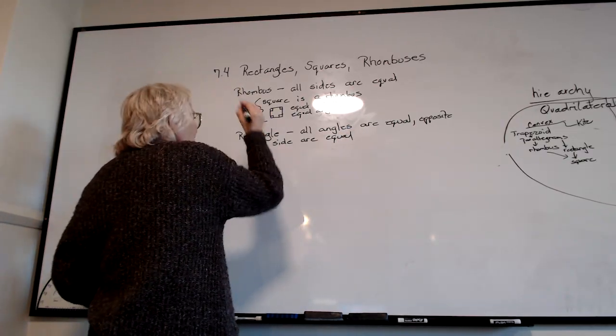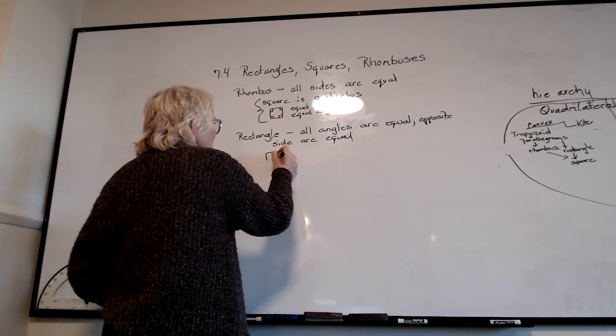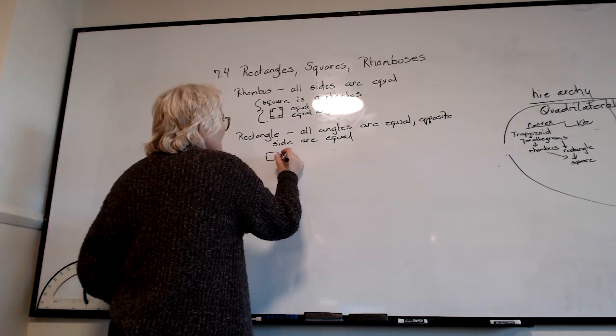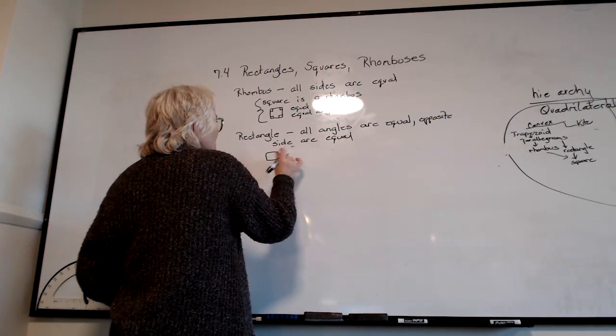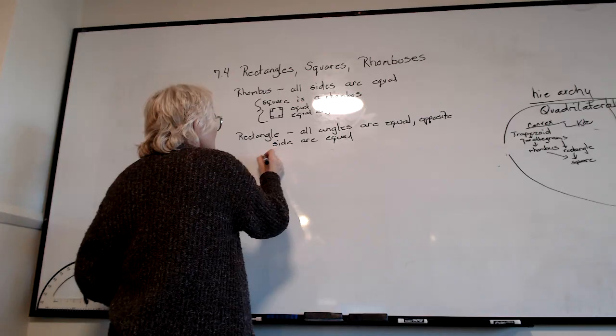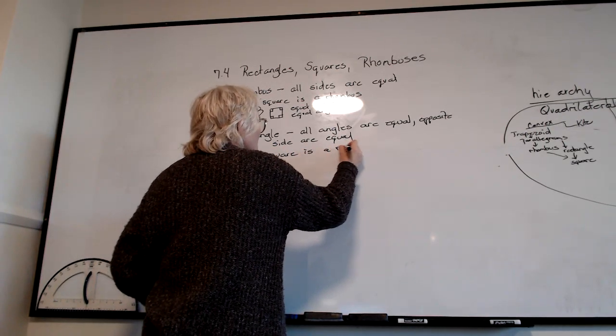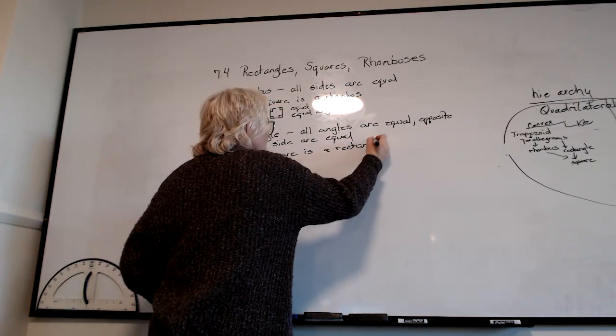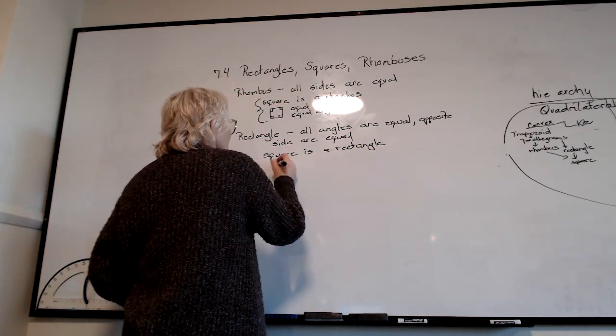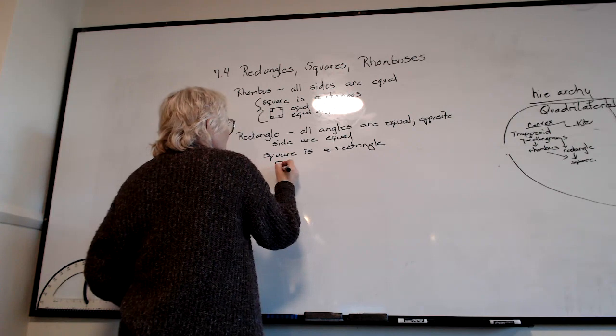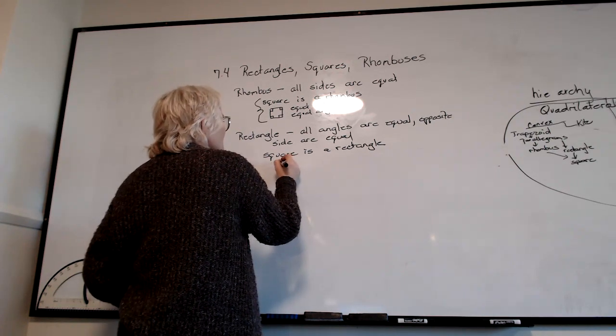So a square fits in here also, so a square is a rectangle, because if you look at it, it fits the definition.